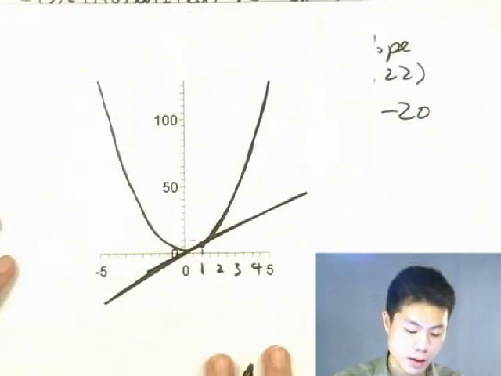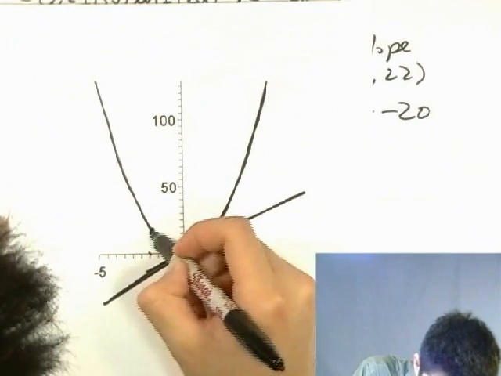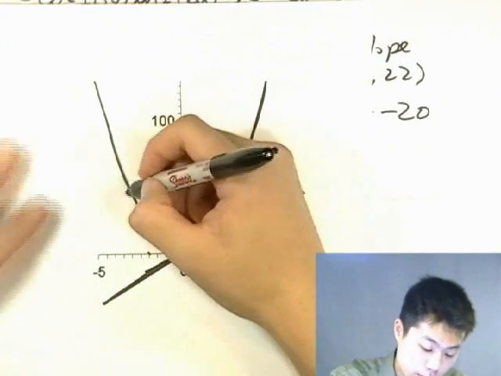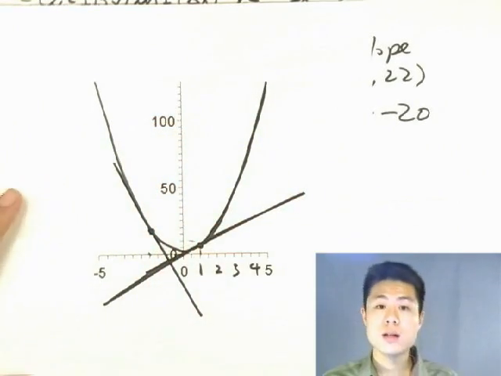If I take a look at the graph here, -2 is going to be this point here. Let's draw that in. Does it look like -20?